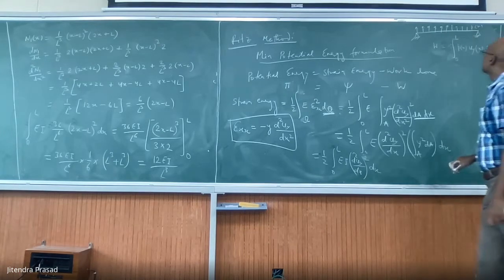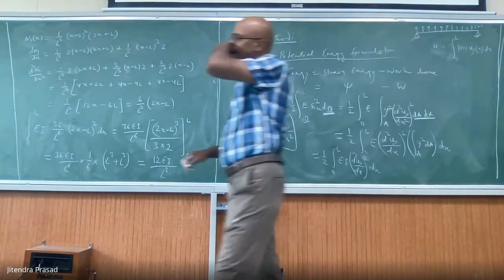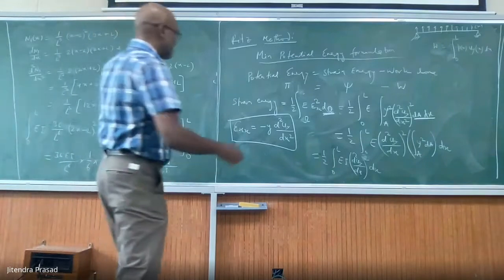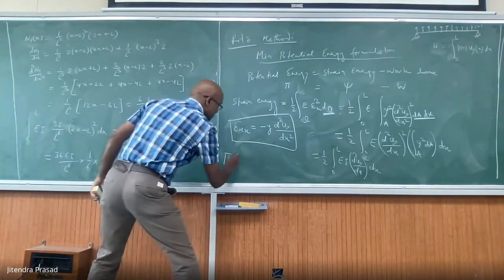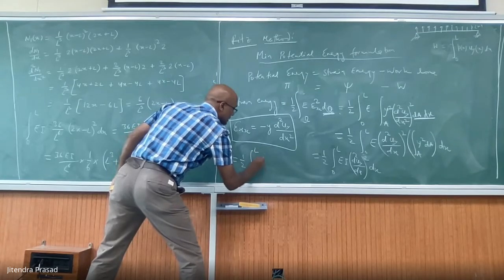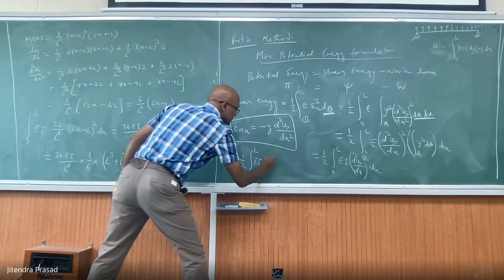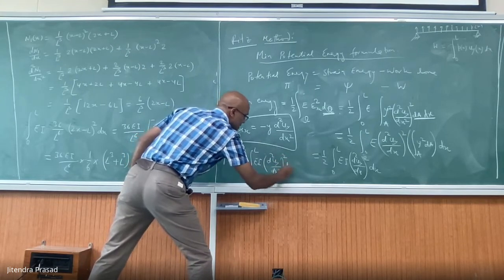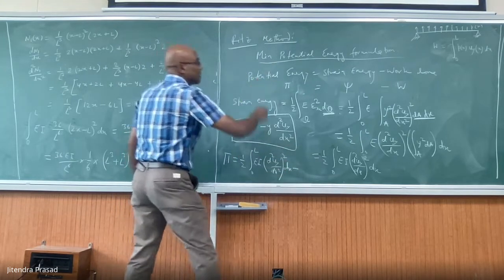So total work done will be like that, right? So basically pi will be equal to half, integral 0 to L, EI d squared uy over dx squared dx, minus that.